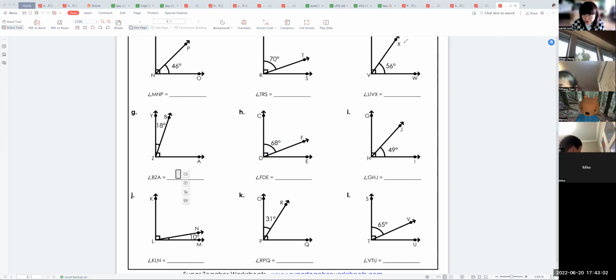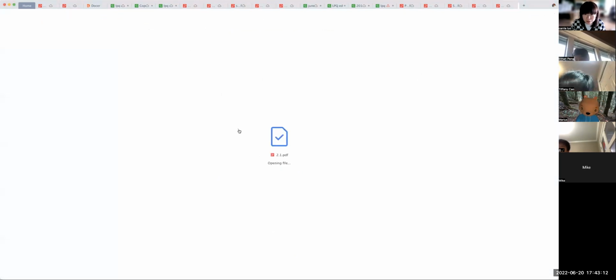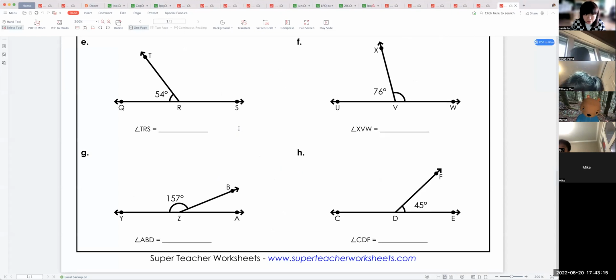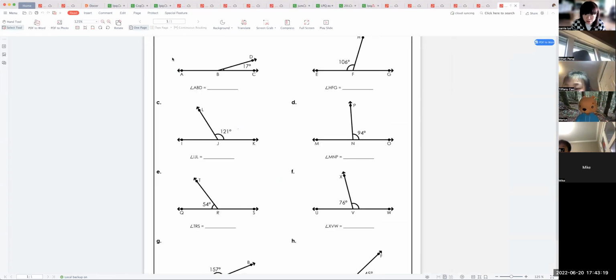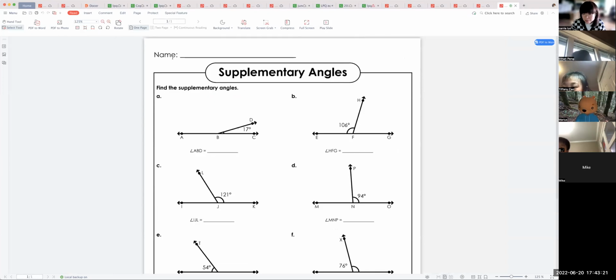When two angles plus together equal 180 degrees, boys and girls, we call it supplementary angles. What was the other one called? Complementary. So this is supplementary.